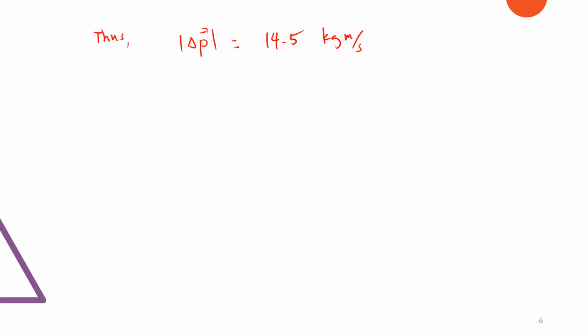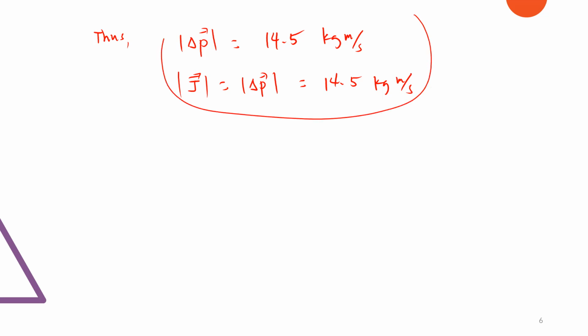How about the impulse? The magnitude of the impulse is just equal to the magnitude of the change in momentum, which is 14.5 kilograms meter per second. So this is the magnitude of the change in momentum, and this is the magnitude of the impulse.